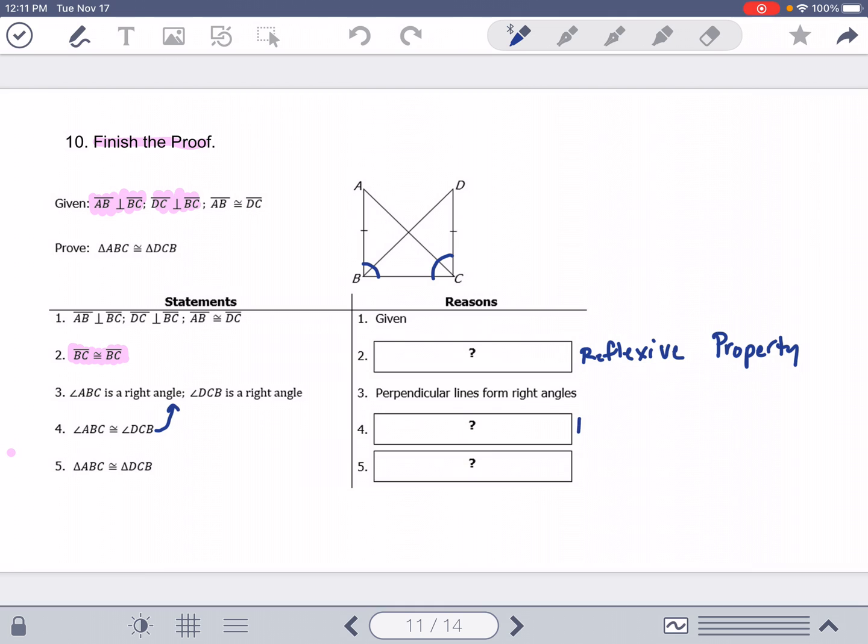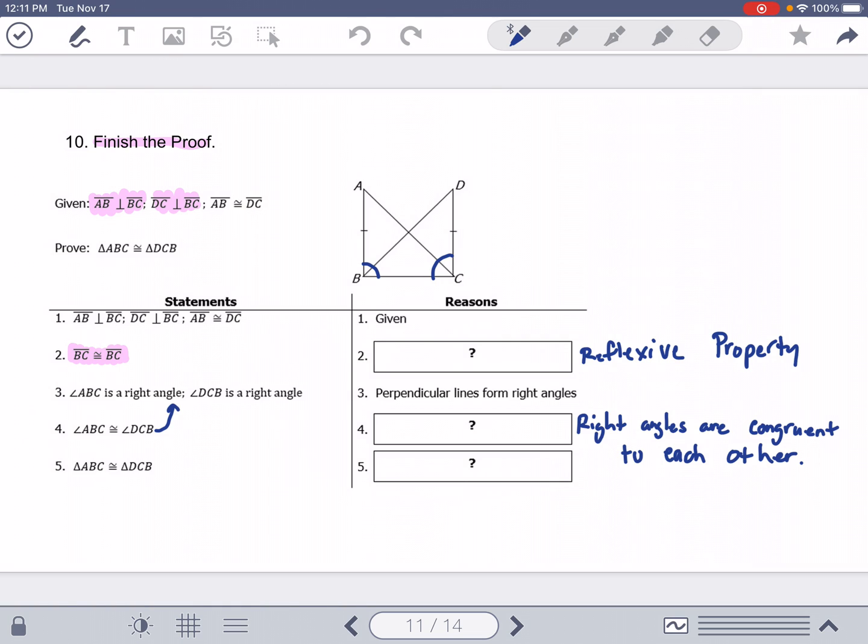So right angles are congruent to each other. Or you could say by definition of a right angle. If you have two right angles, they're both going to be congruent to each other. It's almost like the reflexive property.